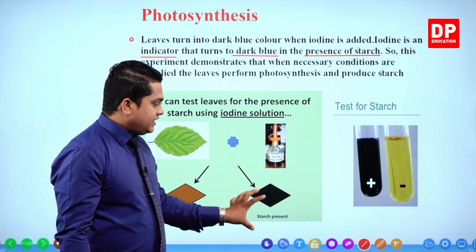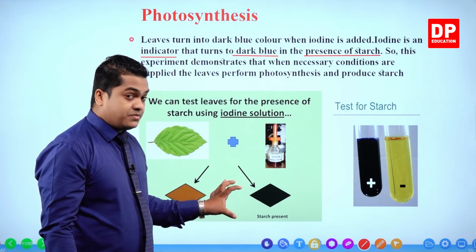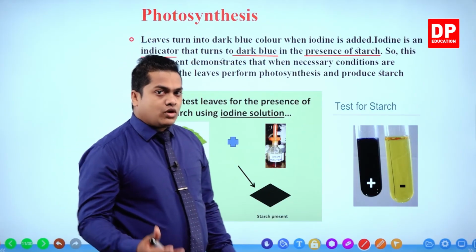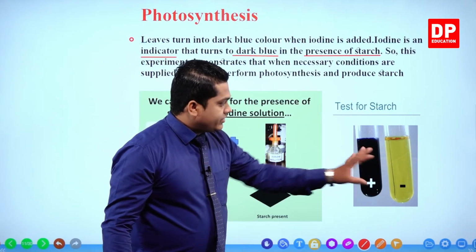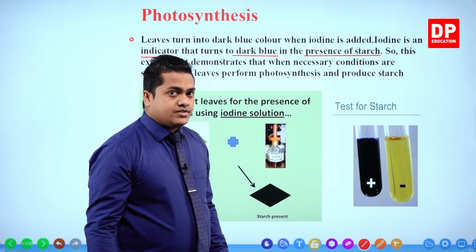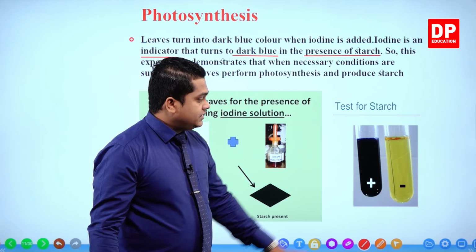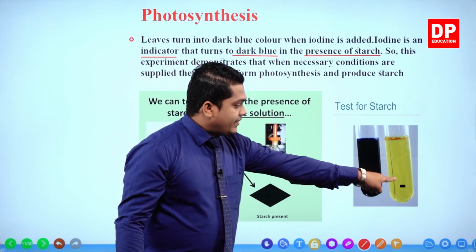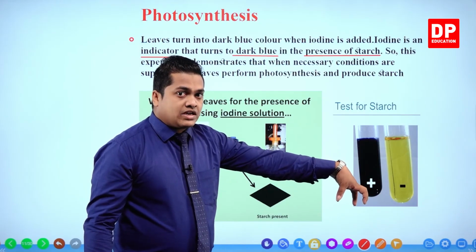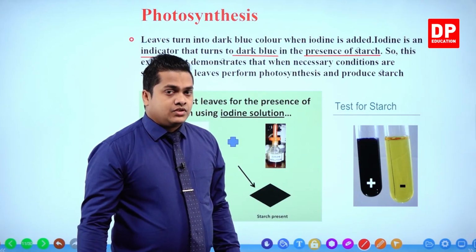If the starch is present, then it is going to provide a blackish blue color. A real figure is given on the other side for the starch test. This is the positive color and that is the negative color, right? Negative color means the normal color of iodine solution, right?